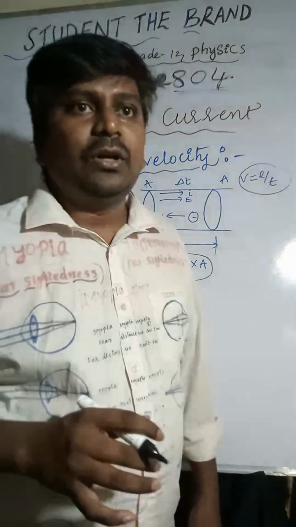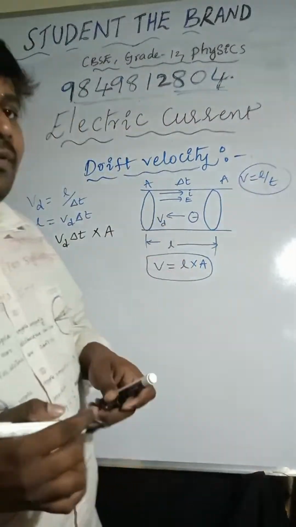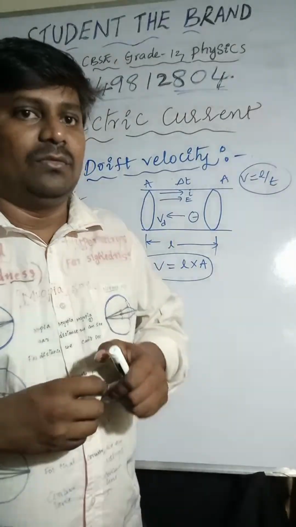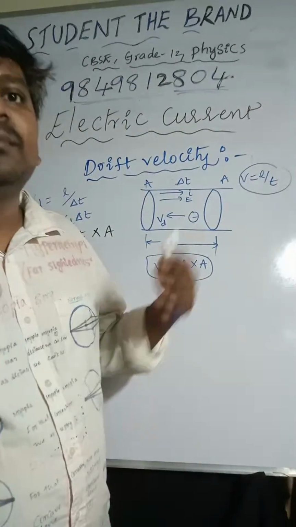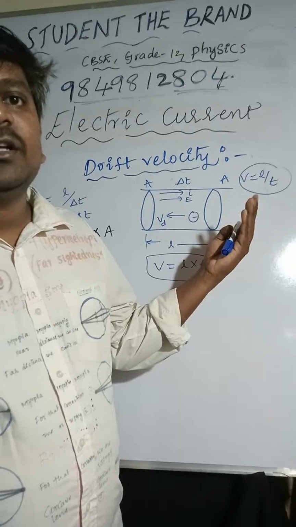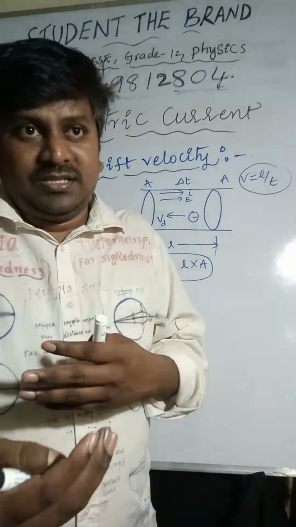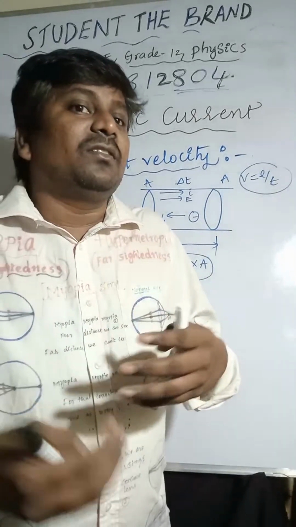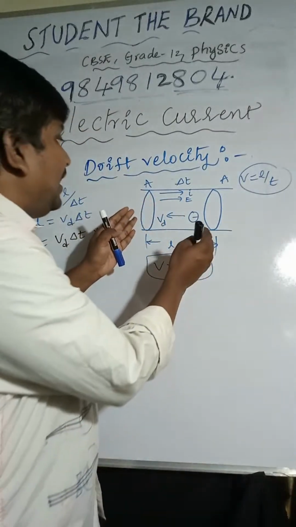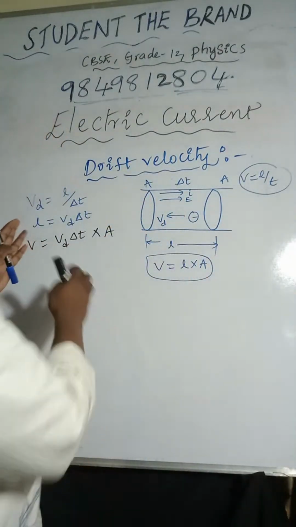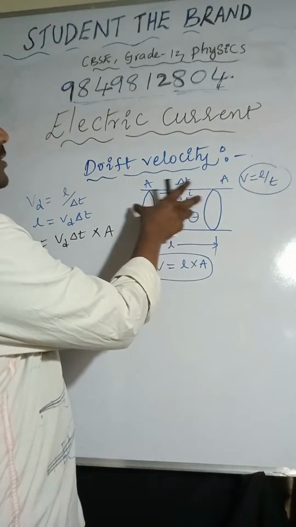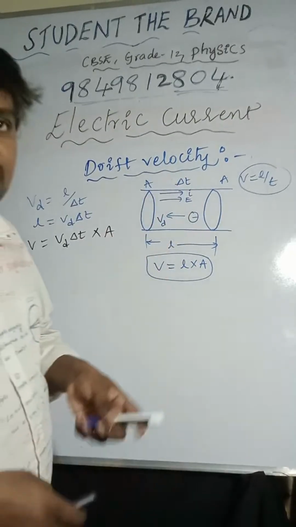Okay. So only one electron is not moving in the conductor, or two electrons also not moving. Many electrons are moving. So the number of electrons moving in the particular area of cross section, that is nothing but a volume. But in this particular volume, how many electrons are moving?